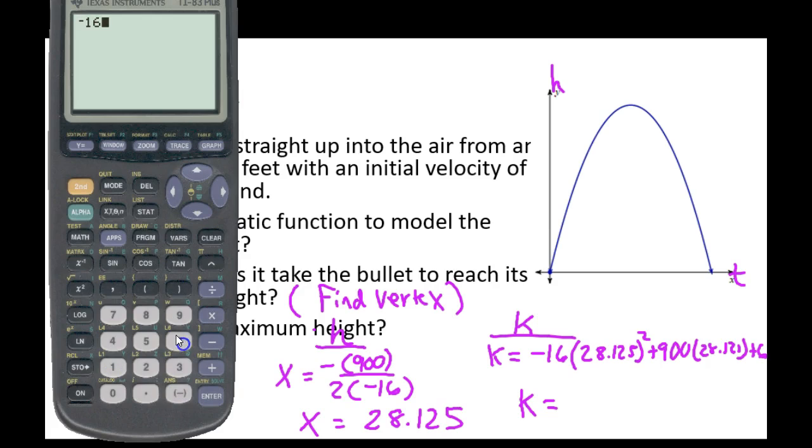So that's what I'm going to do. Negative 16, 28.125 squared plus 900 times 28.125 plus 6. So I just type it all in. I don't have to do it piece by piece. I end up with 12,662.25.